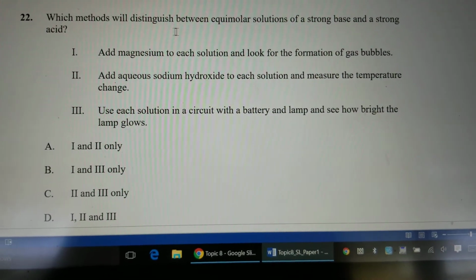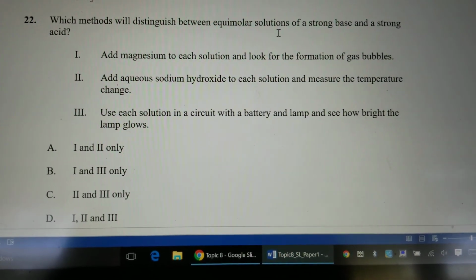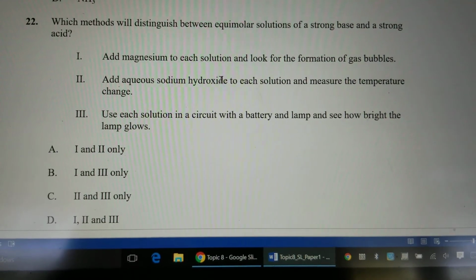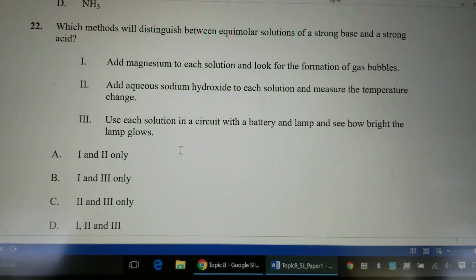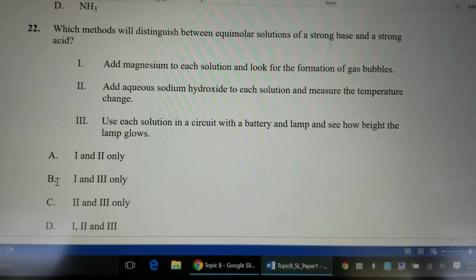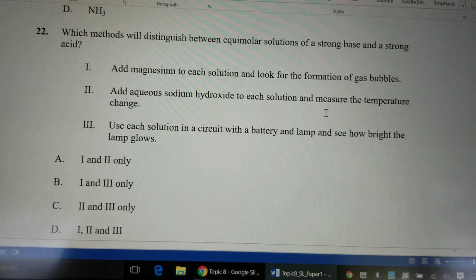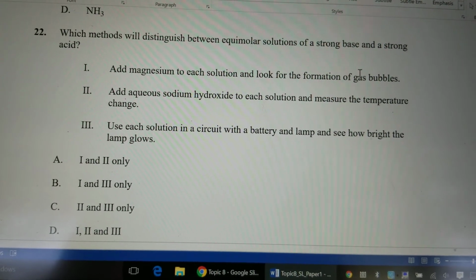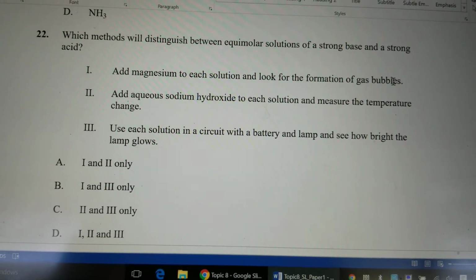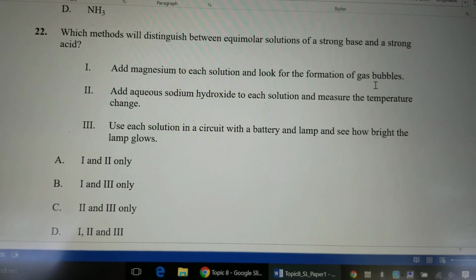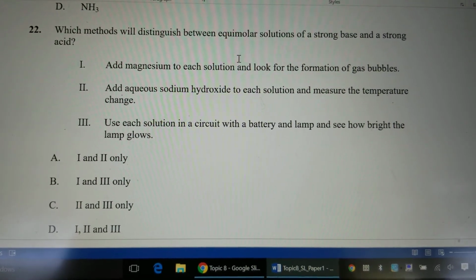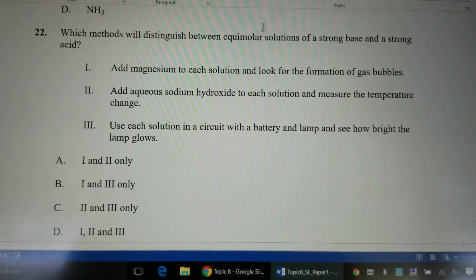Which methods will distinguish between equal molar solutions of a strong base and a strong acid? So the answer here is letter A, 1 and 2 only. The reason is you can measure the amount of gas bubbles and do a comparison. If you end up with equal amounts of gas bubbles, then you would be able to determine equal molar solutions.